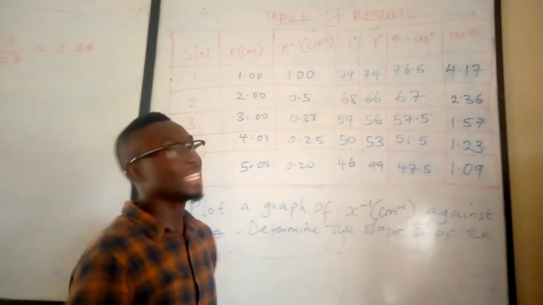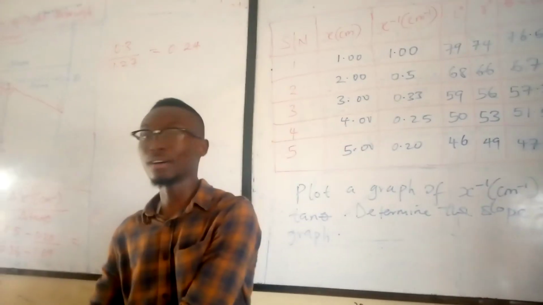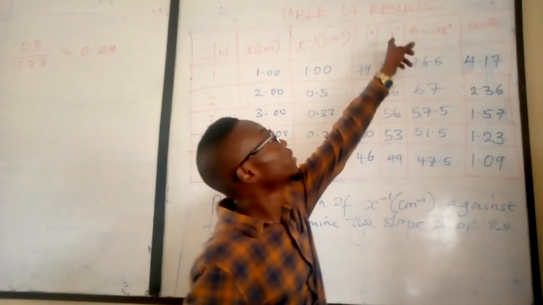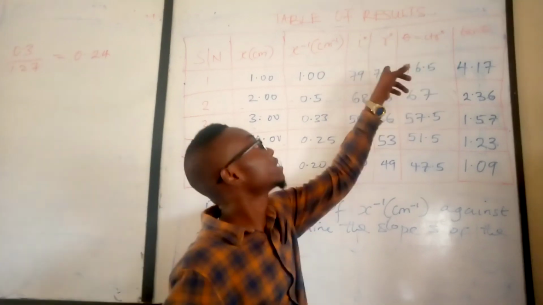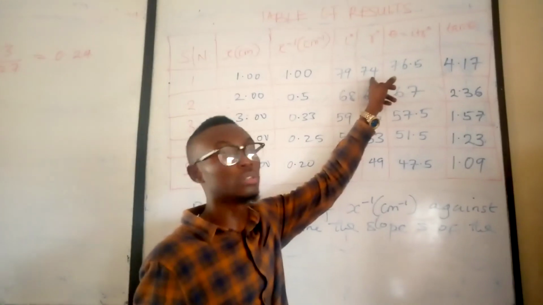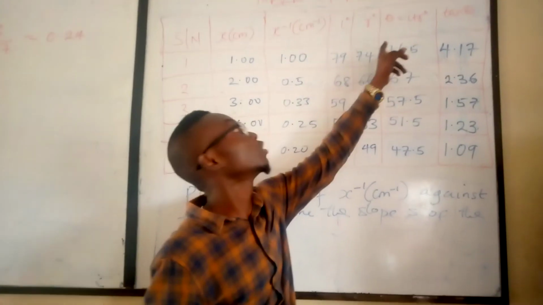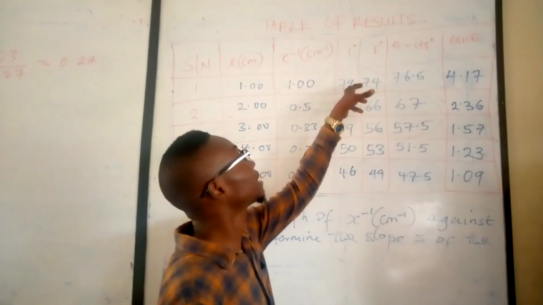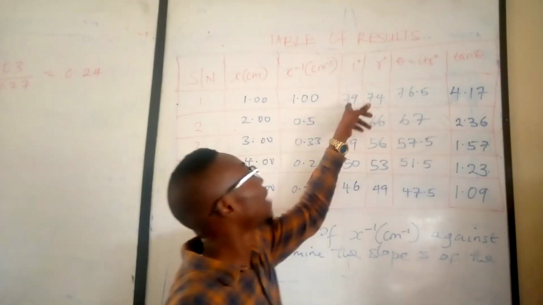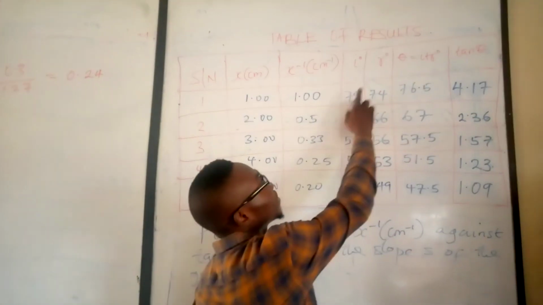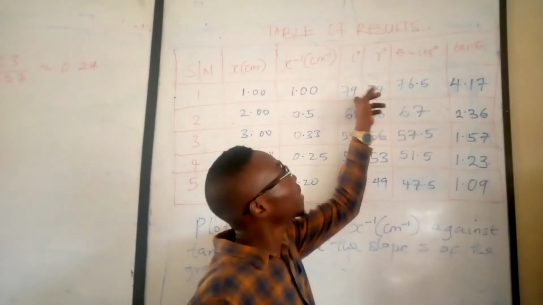And the incident ray from the practical that we did was 79, the reflected ray is 74. Of course, under normal ideal conditions, the incident ray should be equal to the reflected ray. But since it's a practical, we are going to get the value of theta by averaging.